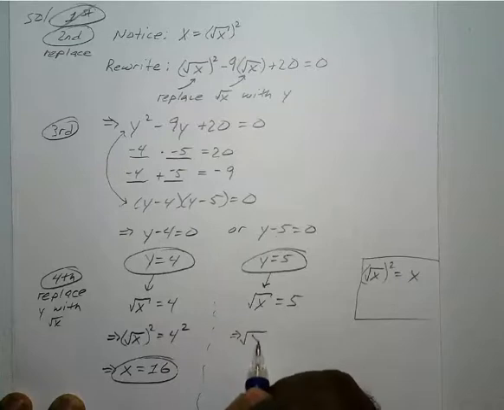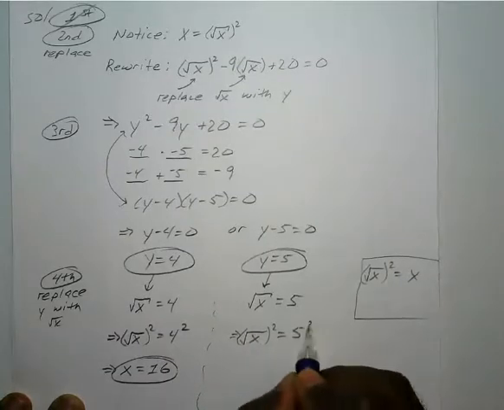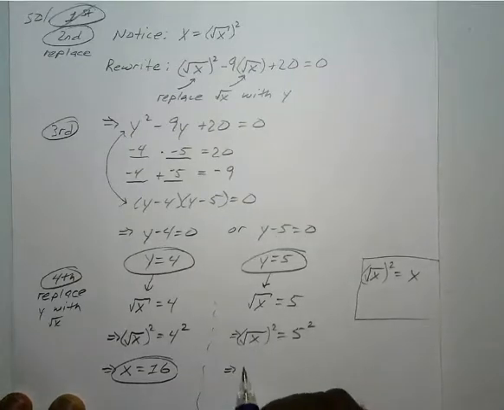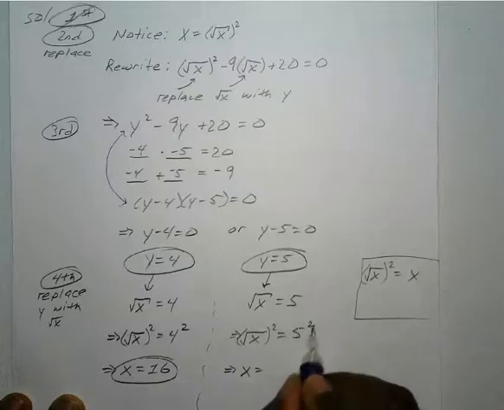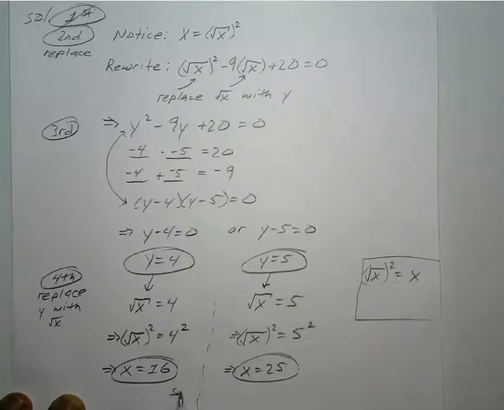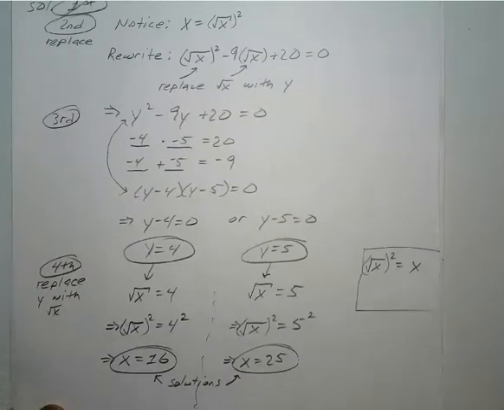We have square root of x squared equals 5 squared. The square and the square root cancels out. So that leaves us with x equals 5 squared, which is 25. Okay, so these are your solutions.